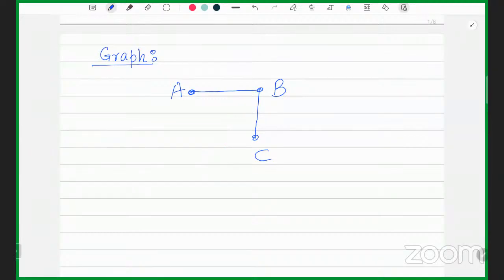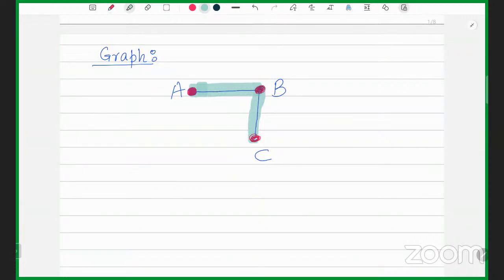Okay. So something like this, if let's say I call these things here as my vertices, the cities, and the connection between them I call the roads or the edges.